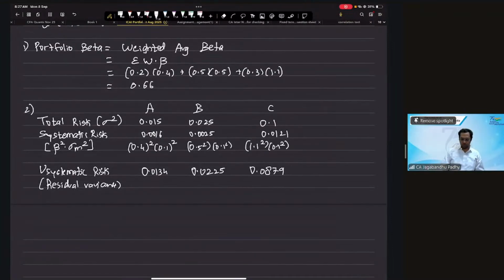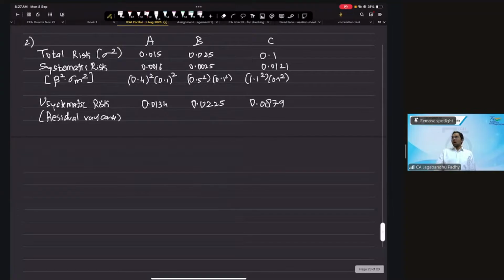Okay. That's your unsystematic risk. Got it, guys?